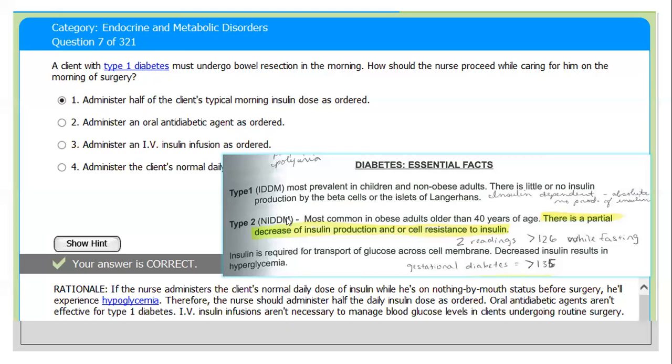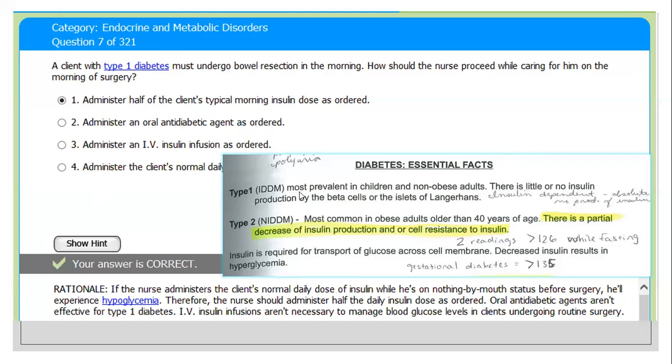What does it mean? Type 1 must be treated by insulin, but for type 2 it is not necessary. We always try oral anti-diabetic medication first. If oral medication is not enough to control type 2, then we can add insulin.